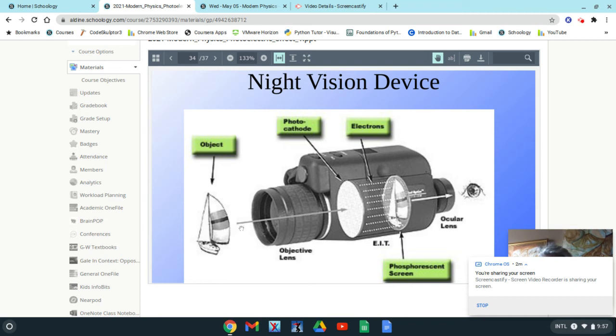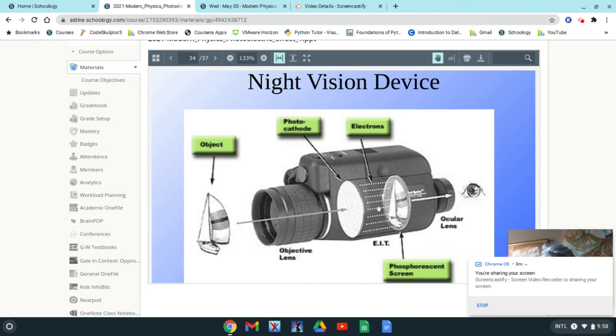They take the light that's coming in, and that light goes ahead, and even if it's your low intensity light, you have a metal here that can get excited by that light which is coming in the IR range, and that releases the electrons.